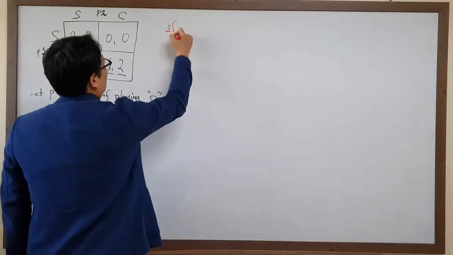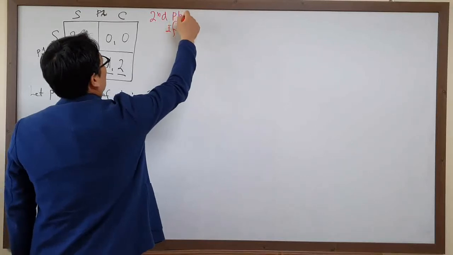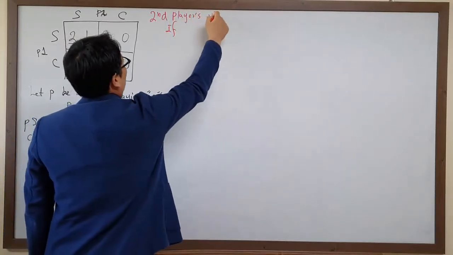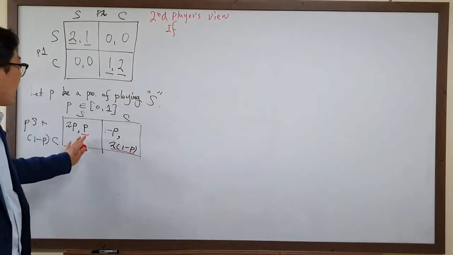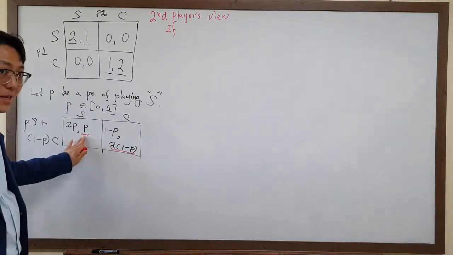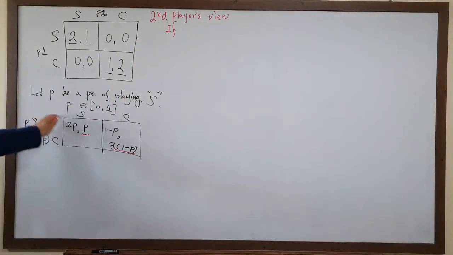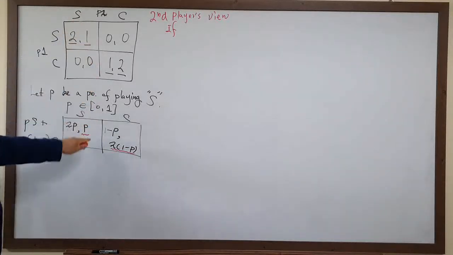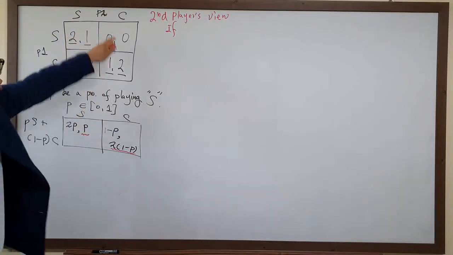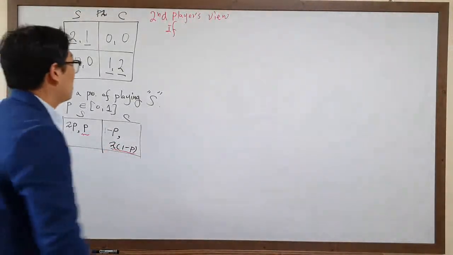So if the second player is selfish and rational, then I would think like that. From the second player's view, if the first player is playing this mixed strategy, if I'm choosing S, then I'm going to get P. If I'm choosing C, I'm going to get 2 times 1 minus P as my expected payout.